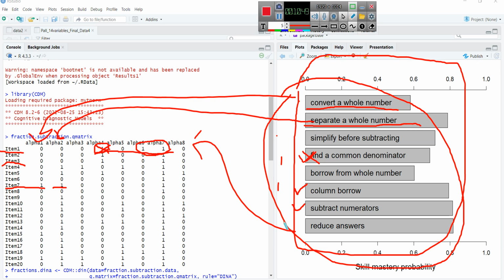In this case, the lacking skill is compensated by the other remaining skills.